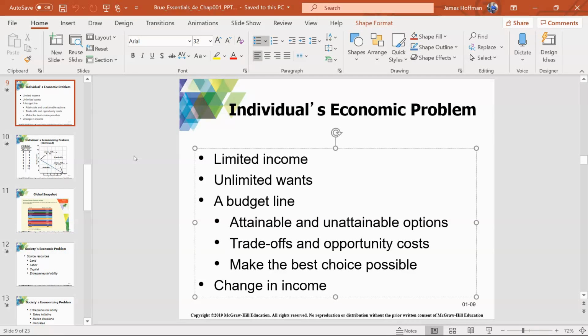If you want to consume more of one good, you have to give up some of the other. Depending on the situation, we'll see how the consumer can make the best choices possible given their budget and the prices of the goods. Or if we have changes in income or a change in the price, you can simply represent that in this two-good model as well.